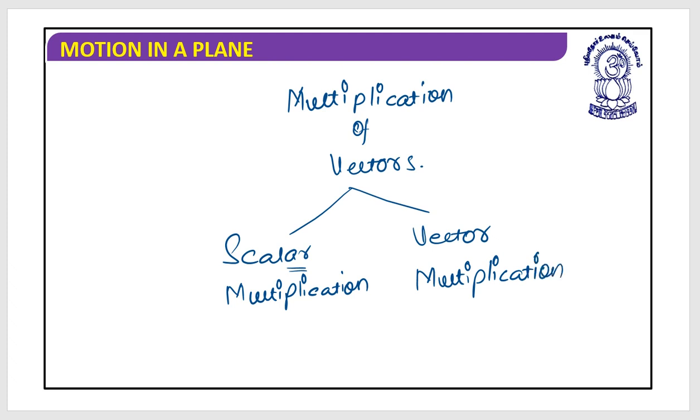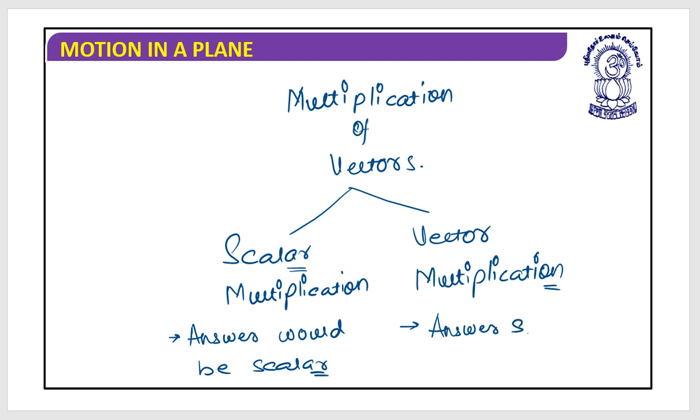When I say scalar multiplication, I mean my answer would be a scalar. And when I say vector multiplication, I mean my answer should be a vector.